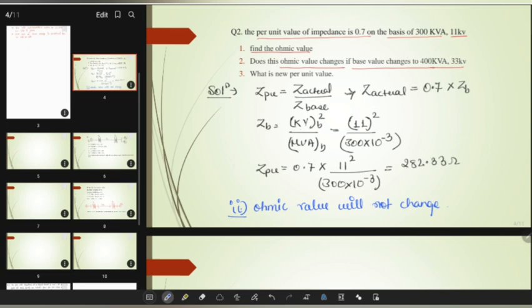Okay, because it will only change if you change the physical parameter.